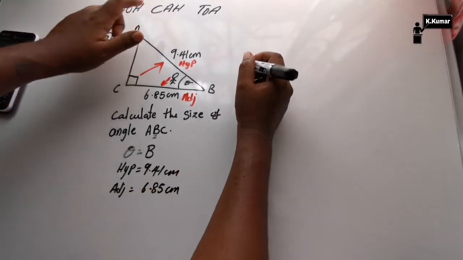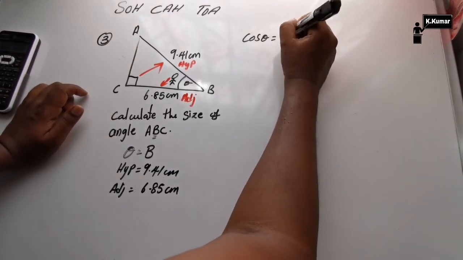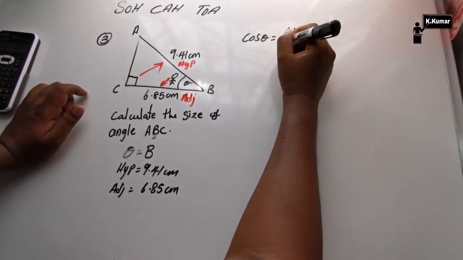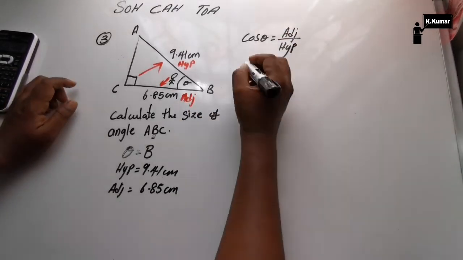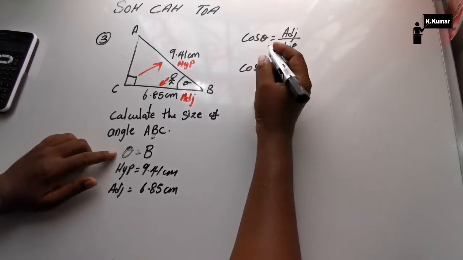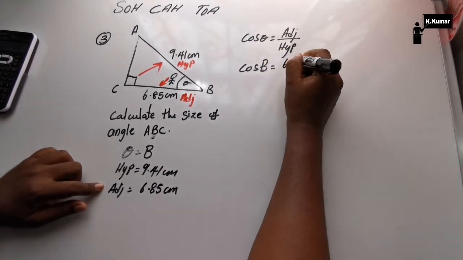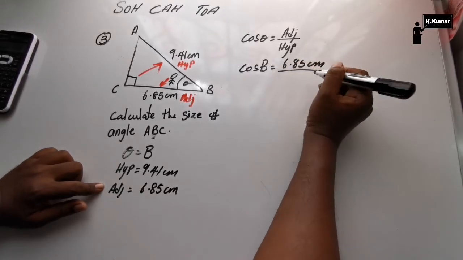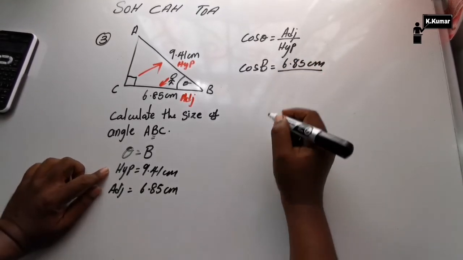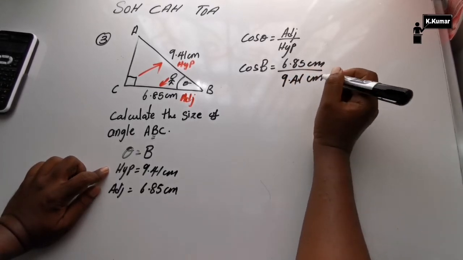So we're working with cosine. So cos theta is equals to adjacent over the hypotenuse. So cos, we say that theta is b, is equals to the adjacent side, which is 6.85 cm, over the hypotenuse, which is 9.41 cm.